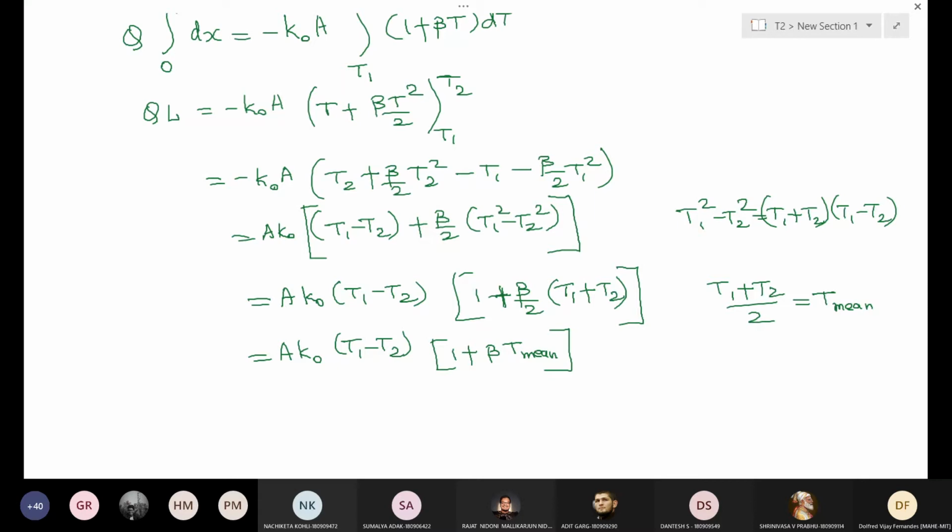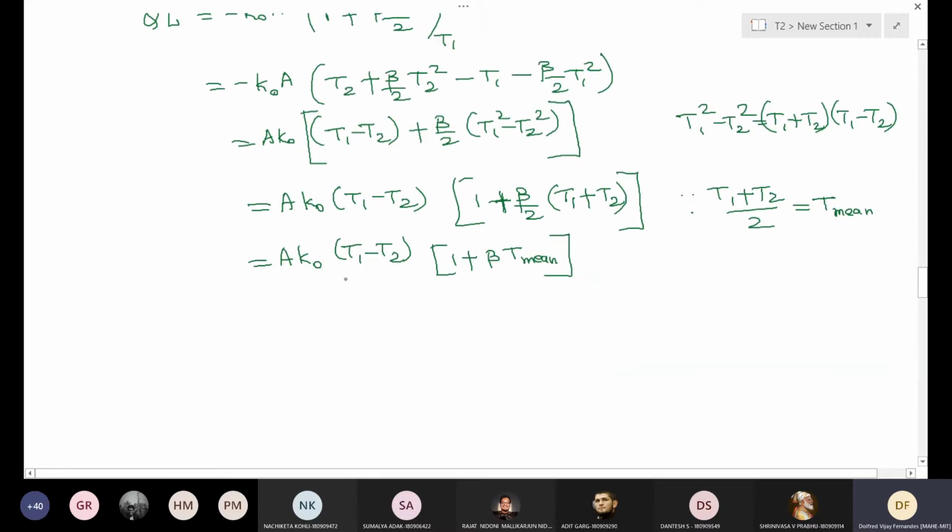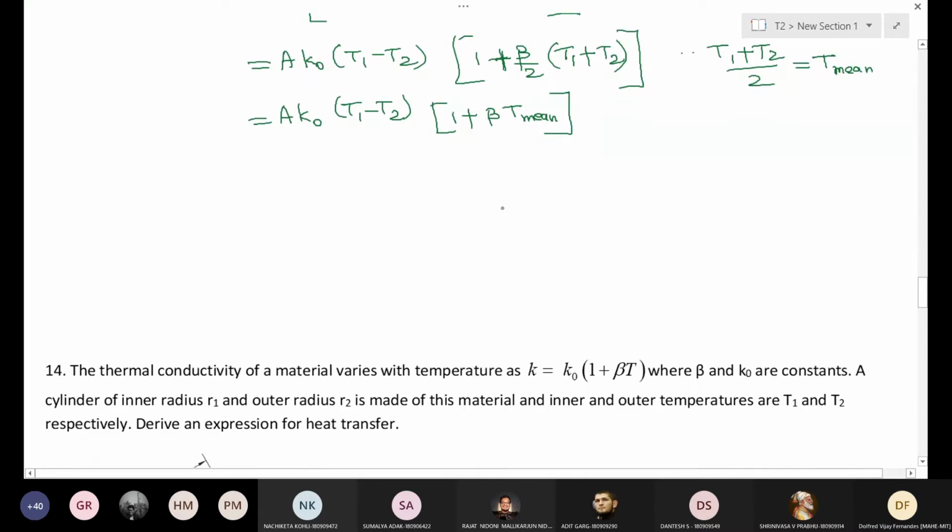Is it okay? If you know the left surface and right surface temperatures, then we can take the average value, that is the mean value, and substitute here. And further, we can write K mean equal to K0 into 1 plus beta into T mean.